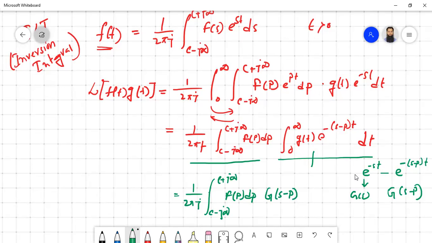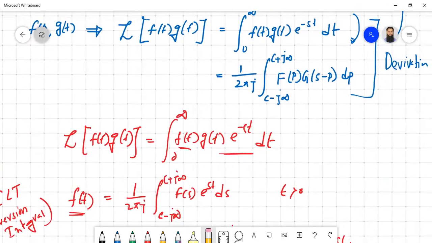The dp can be moved here. So now we have a simple inverse Laplace transformation. This is basically what is known as the convolution integral, and this is the formula that we were supposed to derive.